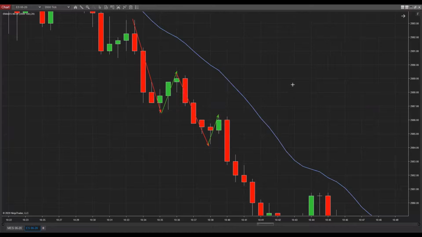I'll get rid of this because it's slightly in the way, but notice how this candle broke the prior candle's high, as we can see here. Prior candle's high being right there.